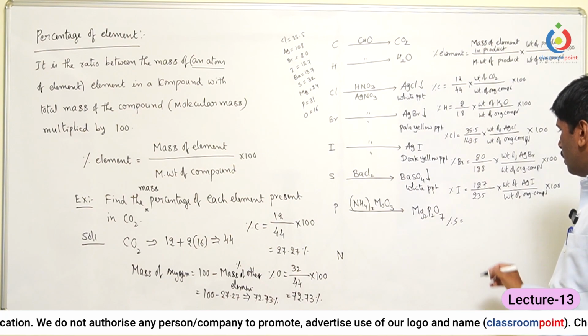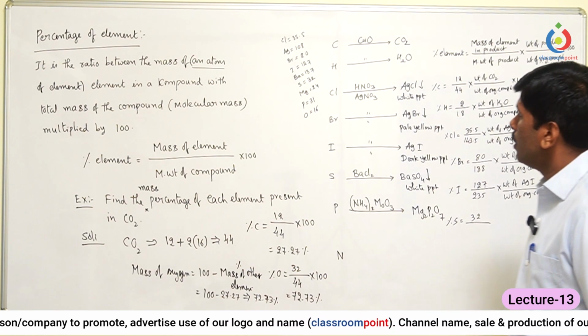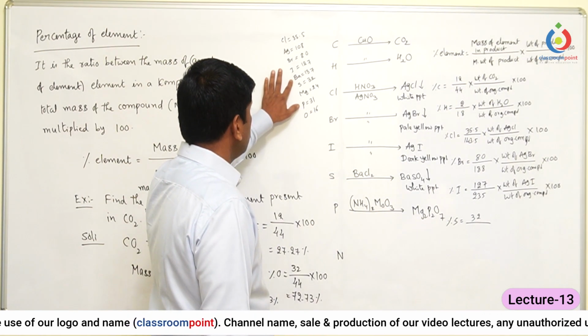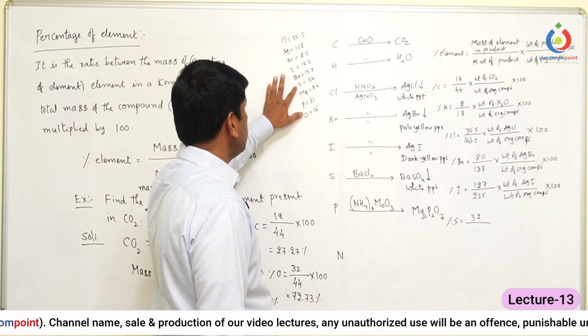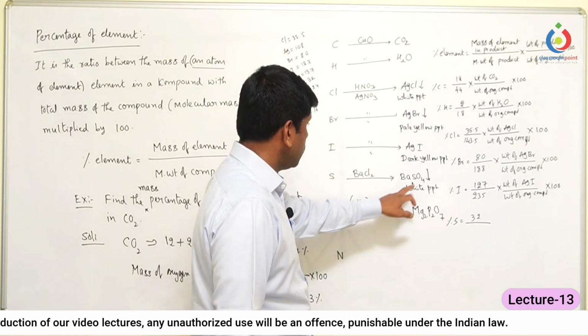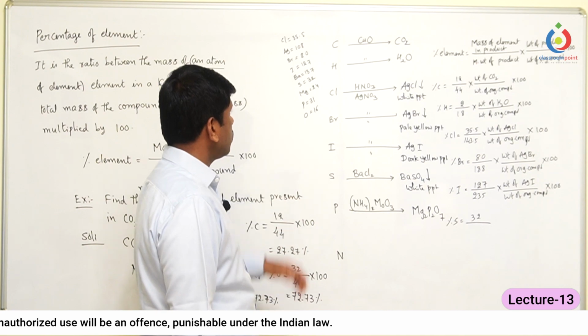Now in case of sulfur, one sulfur atom is present in barium sulfate. The sulfur atomic mass, as I said, is 32. Now barium sulfate: barium 137 and sulfur 32 gives 169. Plus how many oxygens? 4 oxygen atoms are there, 4 into 16 means 64.